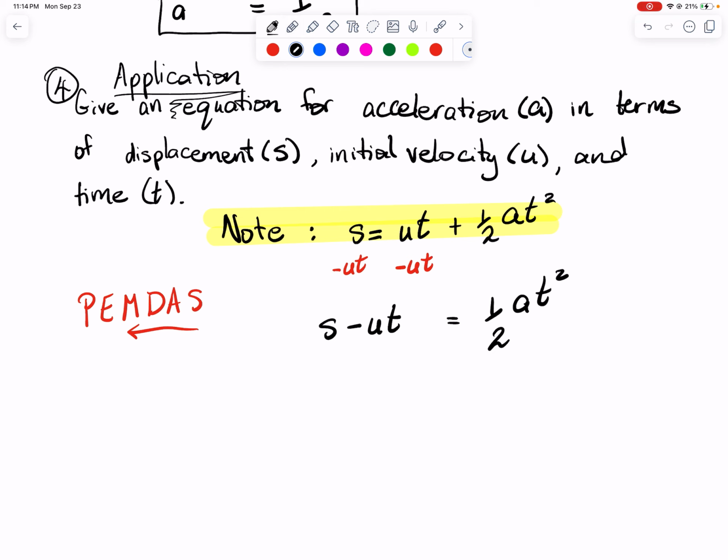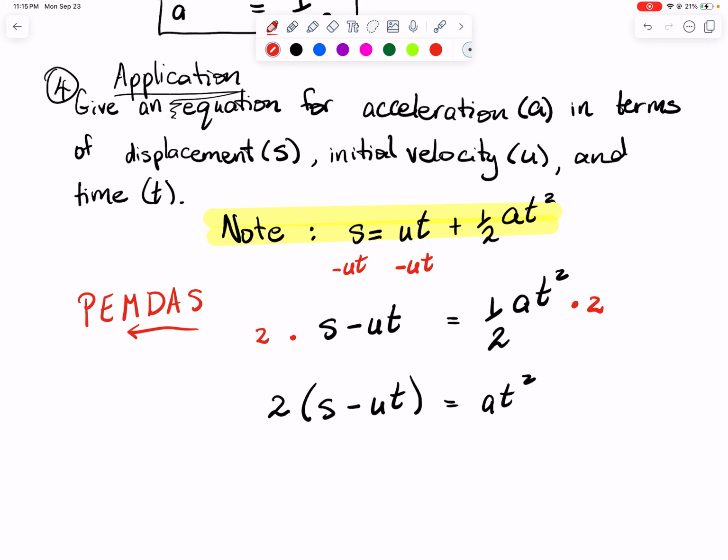So here we are dividing by 2, or a half is the same as dividing by 2. So I'm going to do the opposite here and multiply that side by 2, multiply that side by 2. And on the right side, we get 2, and then parentheses, S minus UT is equal to AT squared.